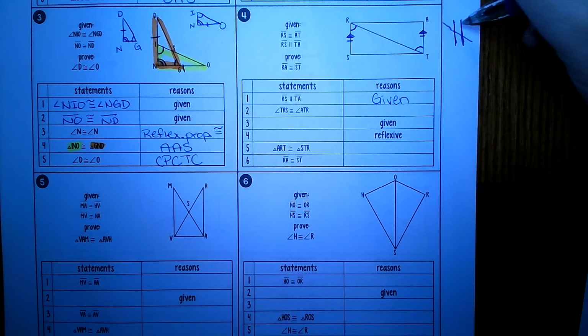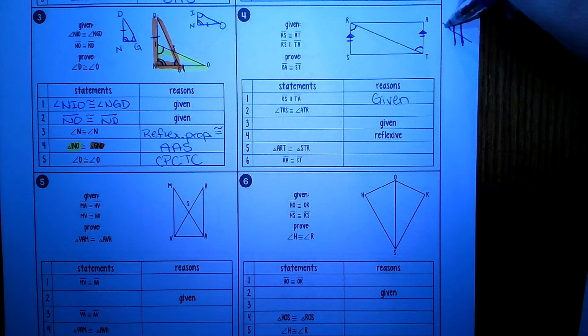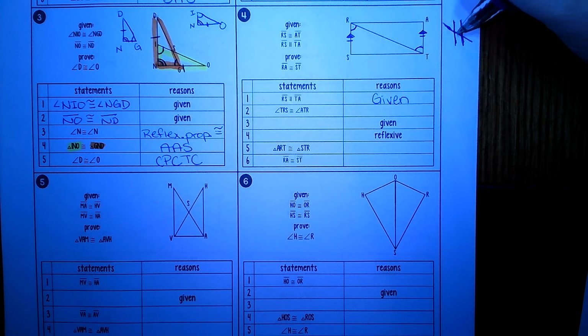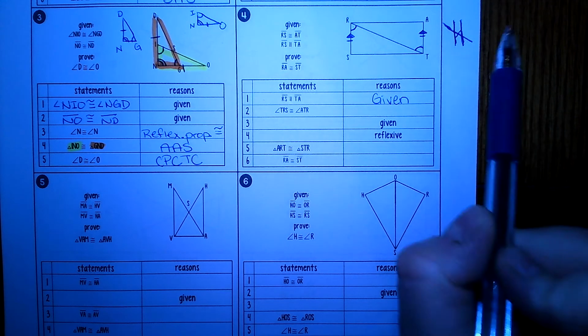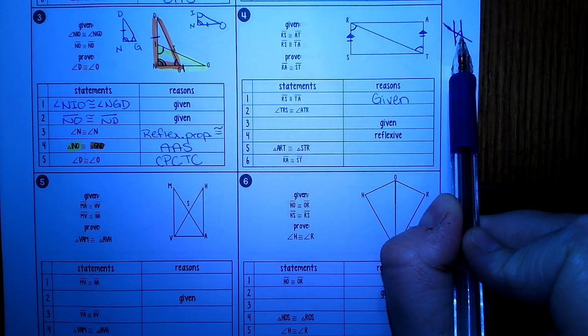So here I've just redrawn off to the side a set of parallel lines and a transversal, kind of facing the direction that our picture is facing. And I'm going to put these congruent marks in the same place. It would be top left, bottom right. Now, what kind of relationship has been marked here?